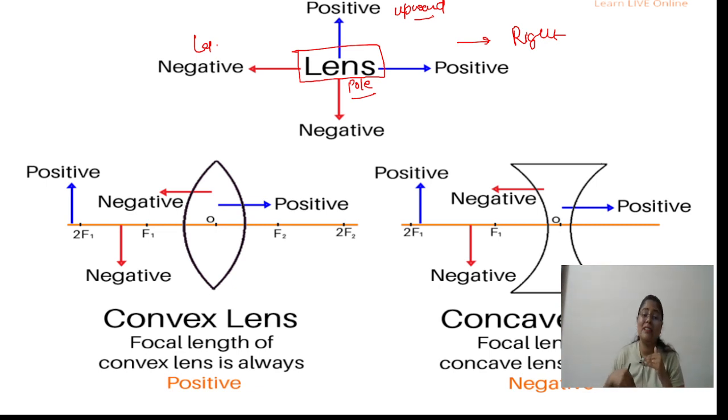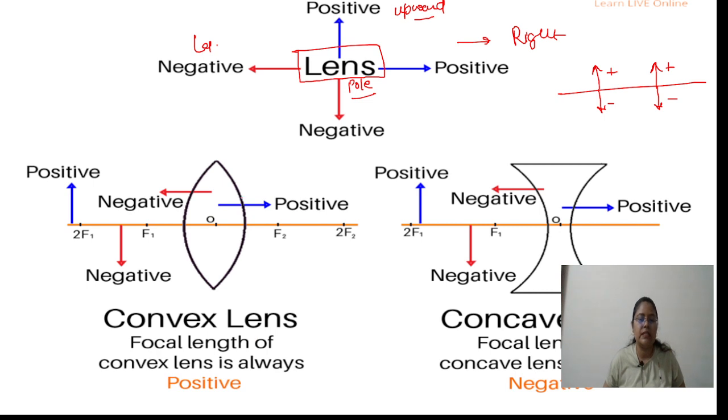When the object is placed in the downward direction, take it as negative. When the object is here, it is positive; when it is here, it is negative. Clear? Image here is positive, image here is negative. Then we consider this simpler sign convention.